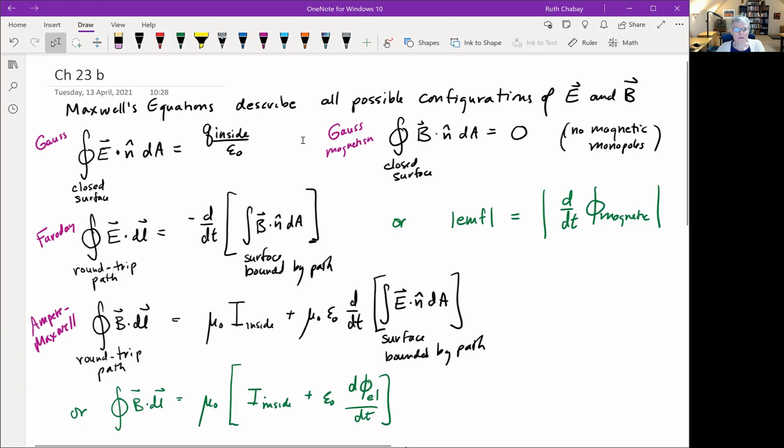Faraday's law gave us some surprising physics. It said that we could have a curly pattern of electric field, a pattern of electric field such that the integral of E dot dl around a round-trip path would be not zero.